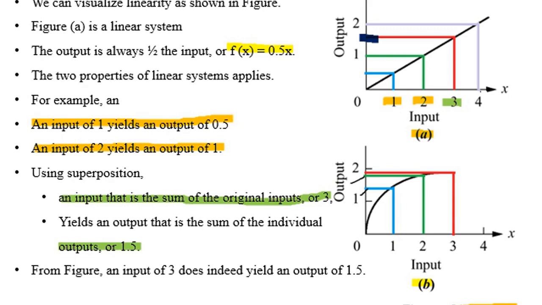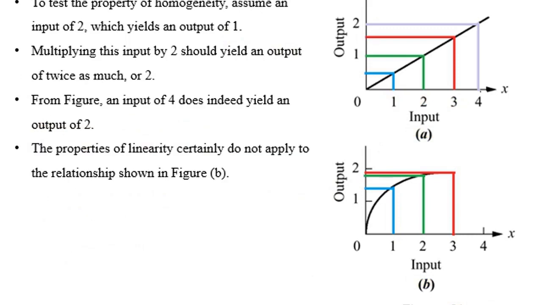If we apply a third input, which must be 1 plus 2 equals 3, for this our output must be equal to 1.5 plus 1.8, which equals 3.3. But if you see the graph, its output is around 1.9. So this system is not following the property of superposition principle.